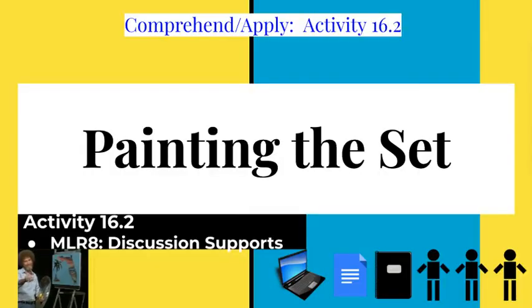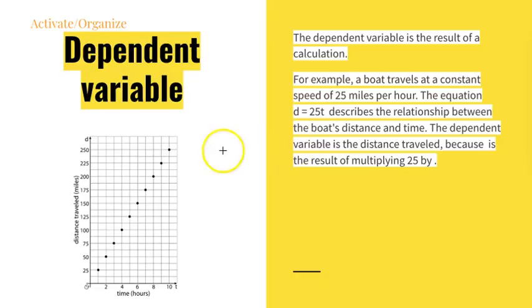The painting a set. So we talked about a dependent variable before. A dependent variable is the result of your calculation. If a bolt is traveling 25 miles an hour, you need to duck. If a boat travels at a constant speed of 25 miles per hour, the equation is going to be the distance is equal to 25 times the time, right?